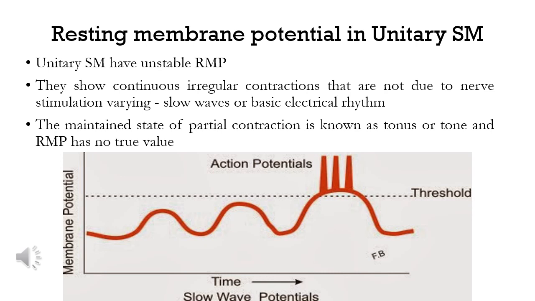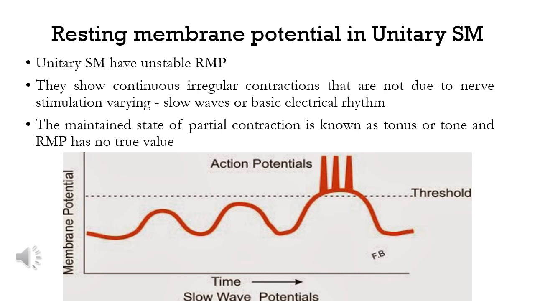Because of this, certain fluctuations actually hit the threshold and there's initiation of action potentials. So they show this continuous irregular set of contractions because of these action potentials that result from the unstable resting membrane potential.